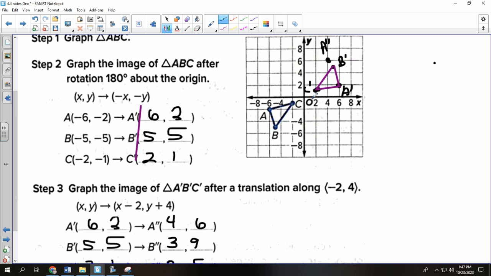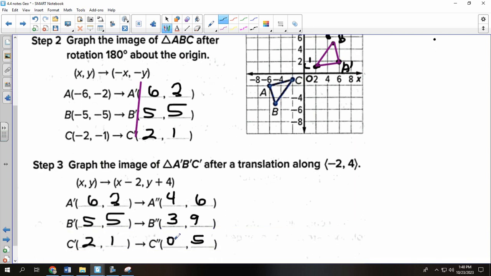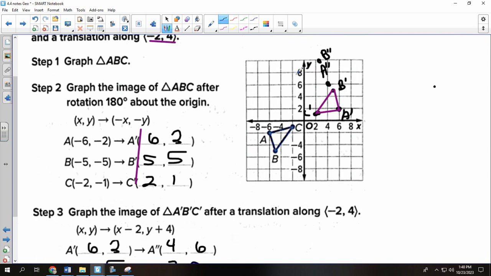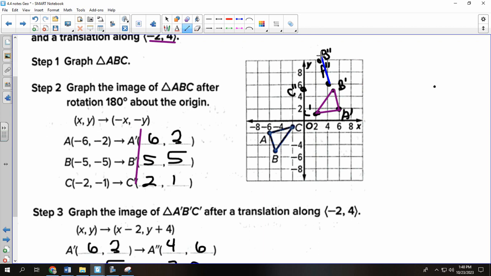And then B double prime is 3, 9, over 3, up 9. And then C prime is 0, 5, over 0, up 5. C double prime. And then so our new triangle is here.